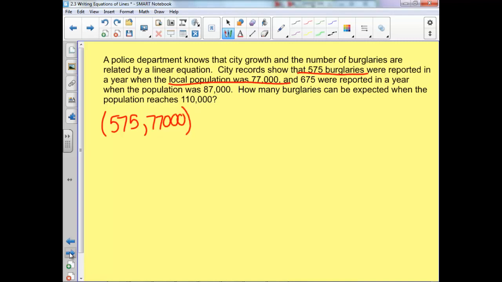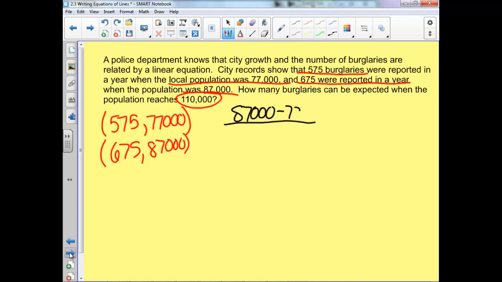We also know then that there were 675 burglaries when the population was 87,000. So we need to figure out how many burglaries there were per year. So using our slope formula, we'll have 87,000 minus our 77,000, and then 675 minus our 575.